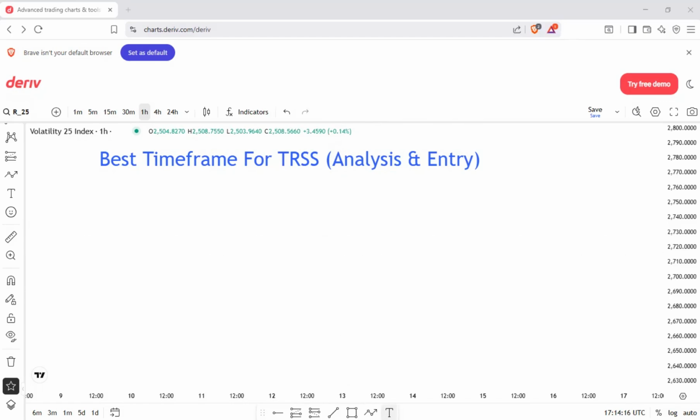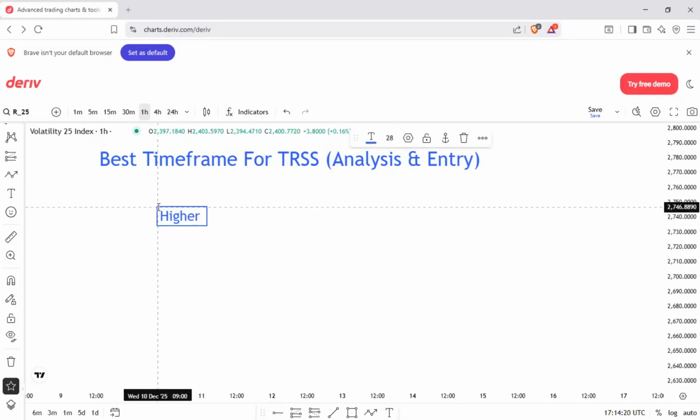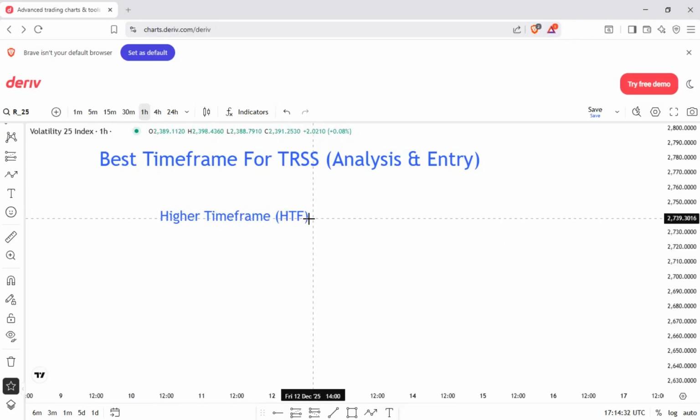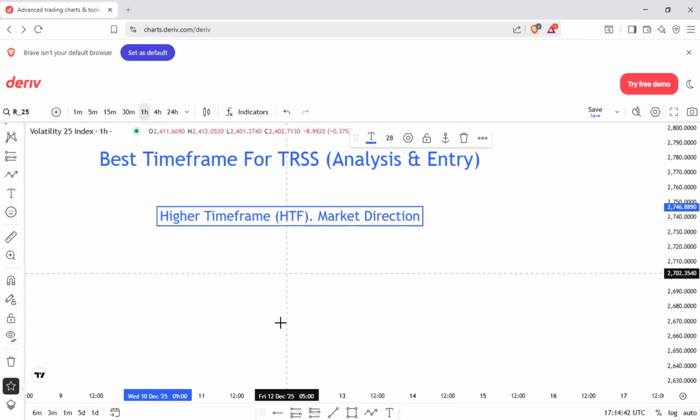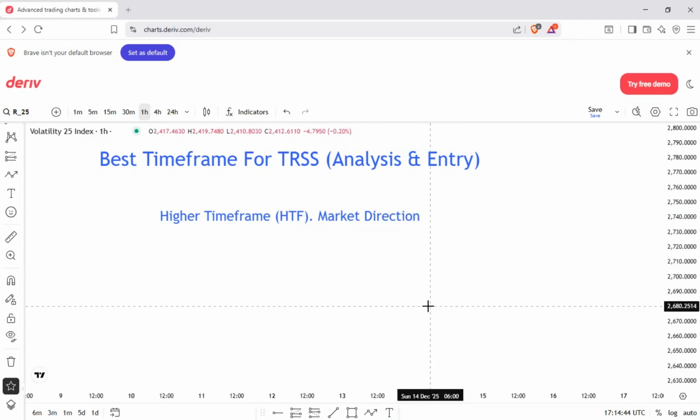What do you use the higher time frame for? The higher time frame is used for market directions.